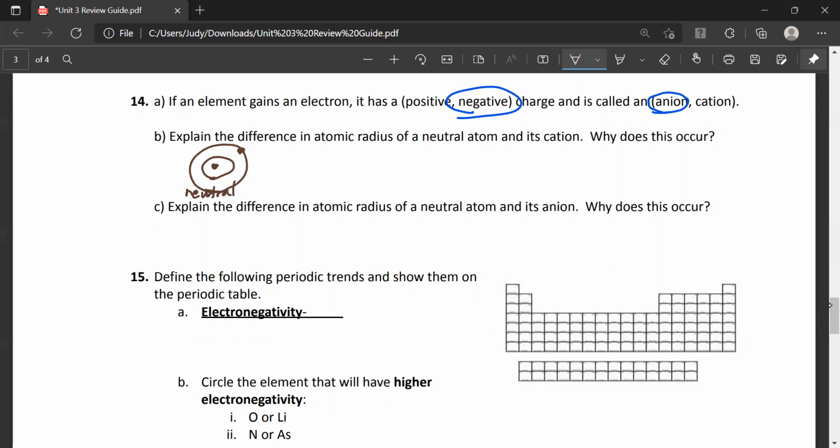Now, if we lose an electron, what happened? Well, one of our orbitals, or energy levels, will disappear, because we lost an electron. So that means the cation is smaller than the neutral atom.